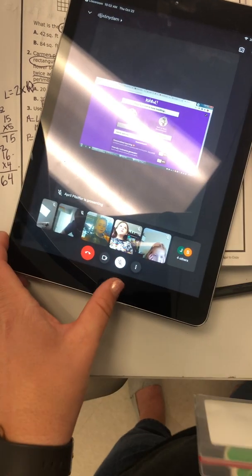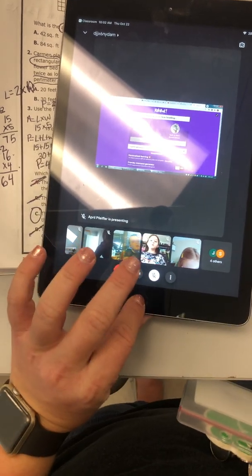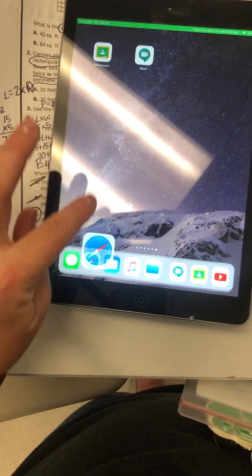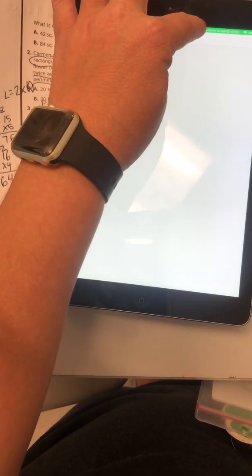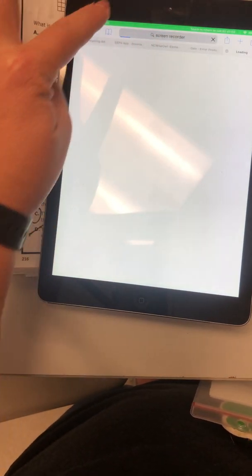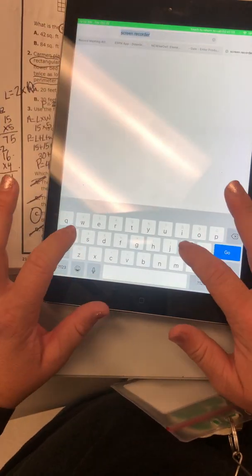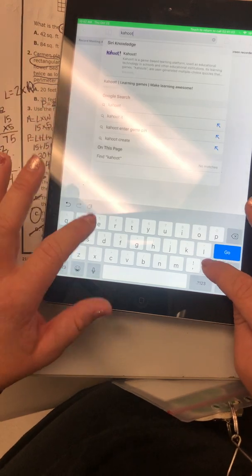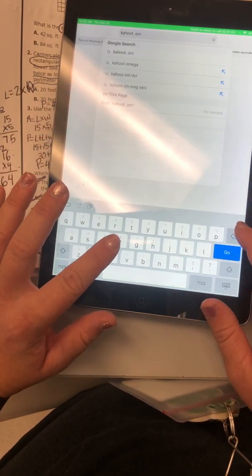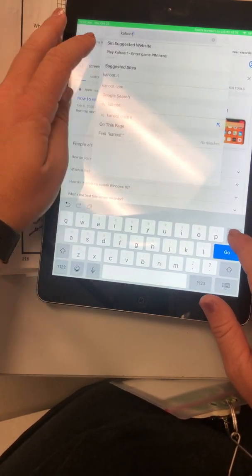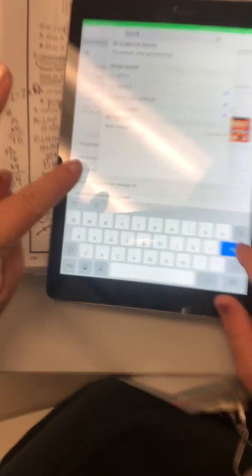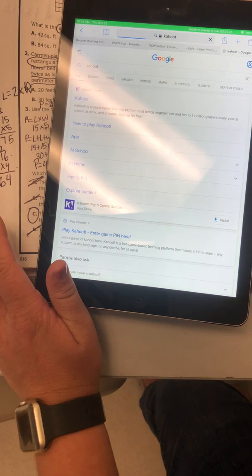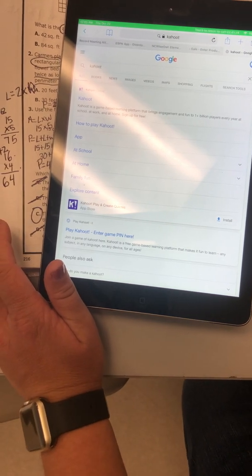Now, what you're going to have to do, let me show you on my iPad, is you're going to have Kahoot up, but you're also going to have to be able to see what I am presenting. Hold on, it's loading.